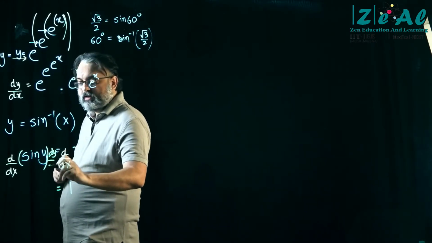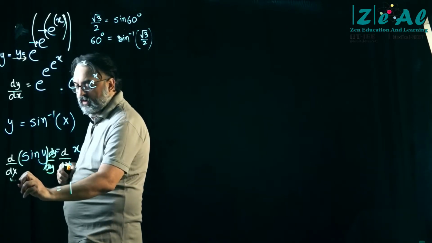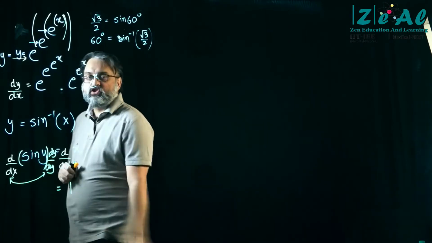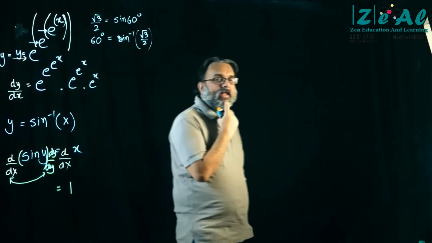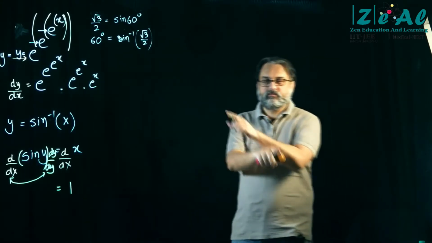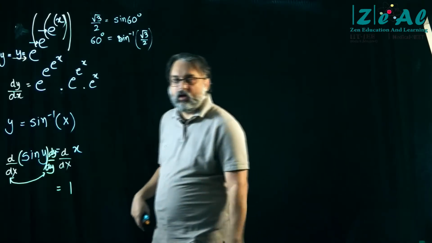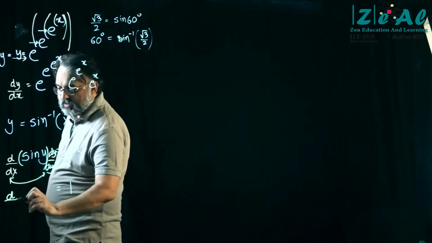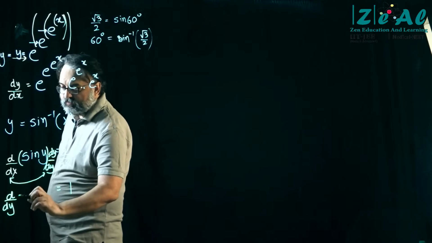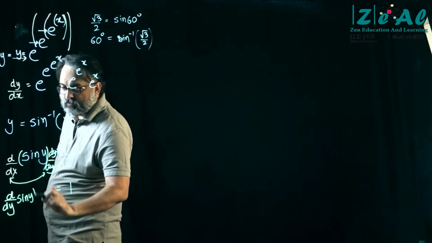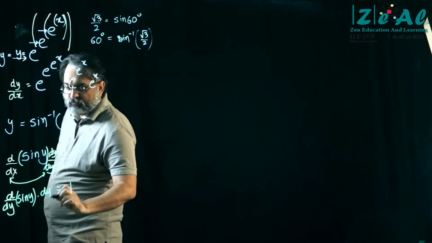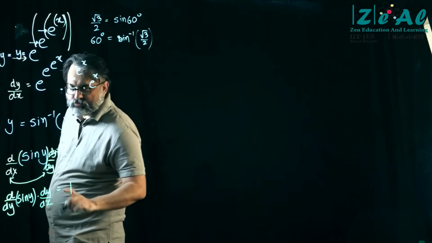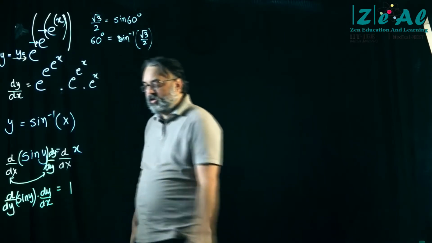Multiply this by dy, divide this by dy, and exchange the denominator. Yes Aditya, very nice beta, very nice. So this becomes d by dy of sine y into dy by dx is equal to 1, and we want to find out dy by dx.